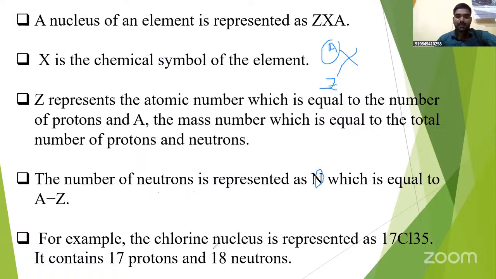For example, the chlorine nucleus is represented like this: Cl. Here 17 is the atomic number and 35 is the mass number.